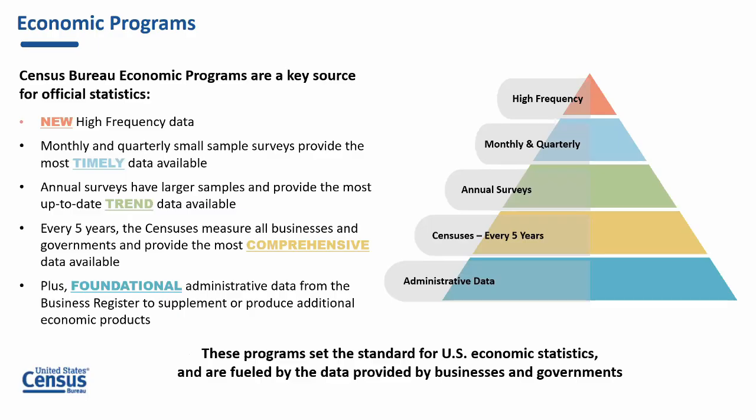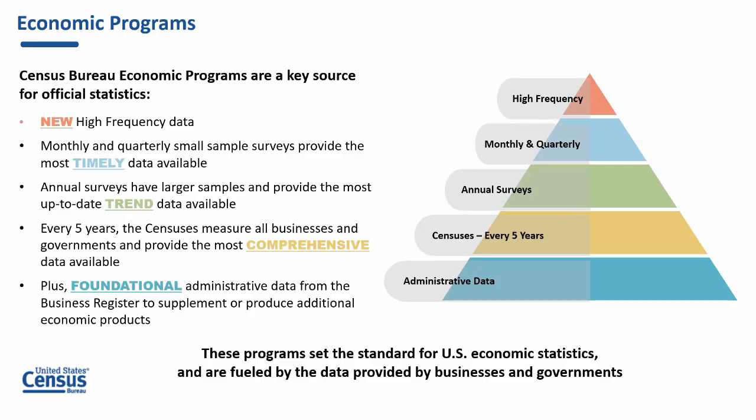is high frequency data, which is released in biweekly and weekly phases, most recently, such as the Small Business Pulse Survey. As you come down the pyramid, we have our monthly and quarterly data, and this data provides a snapshot of the economy in a wide range of sectors, from retail and wholesale trade, building and construction data, services, manufacturing, international trade, demographics of business owners.